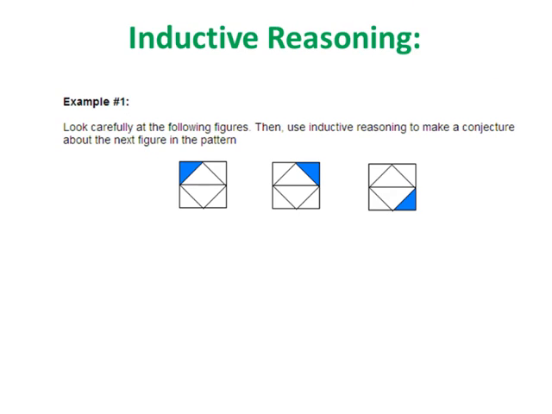So let's see an example of inductive reasoning. Look carefully at the figures below, and then use inductive reasoning to make a conjecture about the next figure in the pattern. First of all, what do you see? What is the pattern with the shaded triangle?